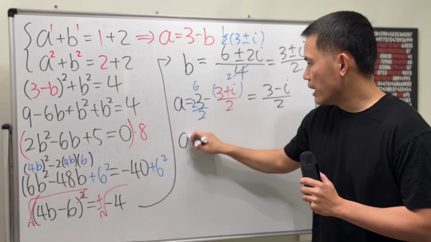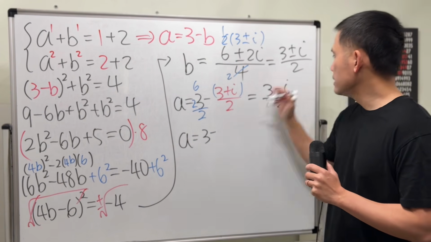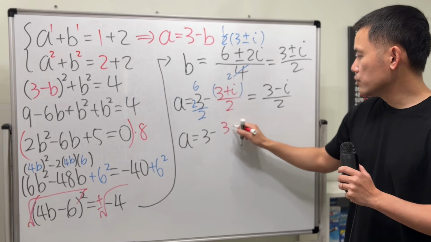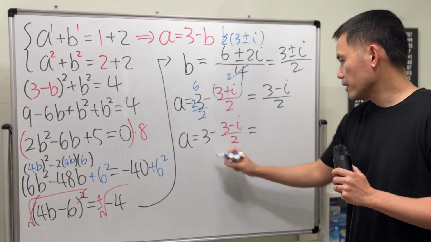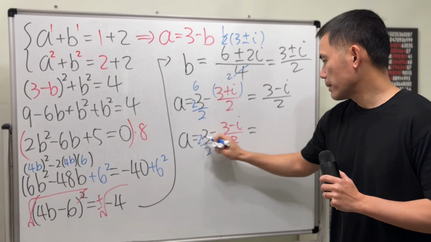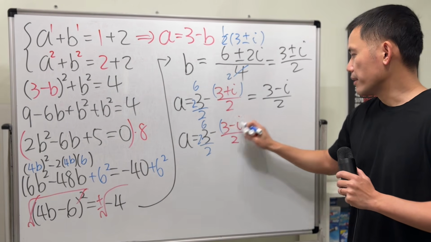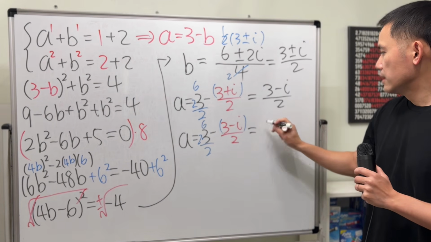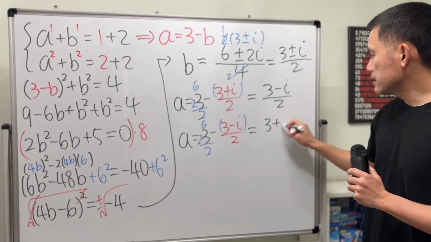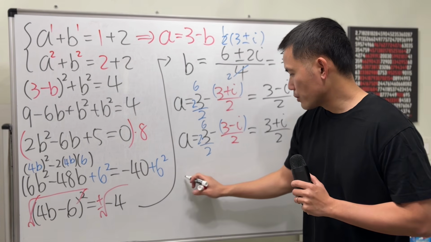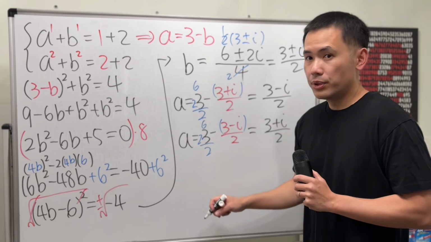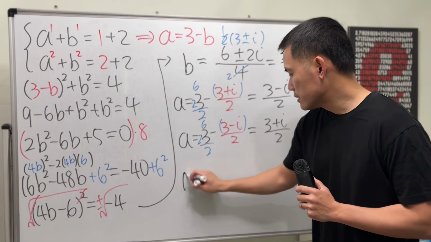Similarly, A is equal to 3 minus the other choice for B, (3 minus i) over 2. So same thing, multiply by 2, that's a 6. Same thing. You get (3 plus i) over 2. Now finally, this is how I'm going to write down the answer. I'm just going to put it as an ordered pair answer.